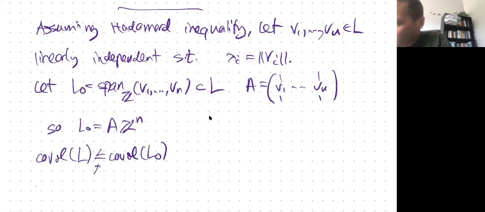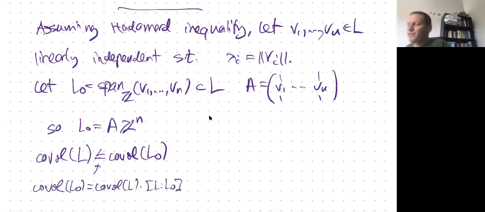The covolume of L0 is the covolume of L times the index. We proved in the first lecture that if you have one lattice sitting inside another, there's a relationship between their covolumes. And so this number here is an integer.